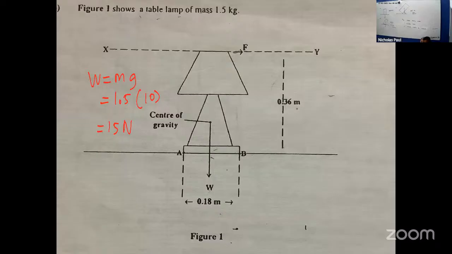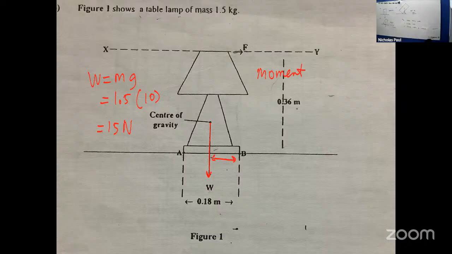But here's the hard part they asked. How do we get the moment? The force is 15 newtons acting there. What is the perpendicular distance from B? Perpendicular means 90 degrees. Are you sure it won't be this distance here?